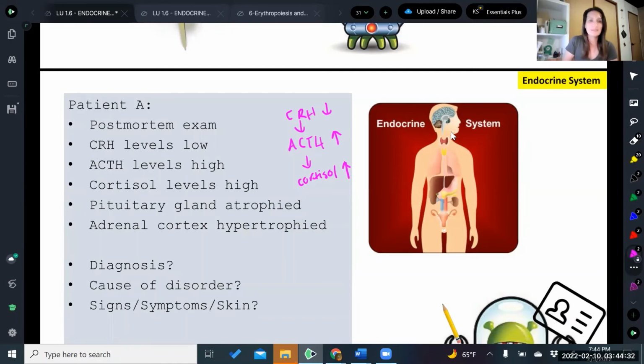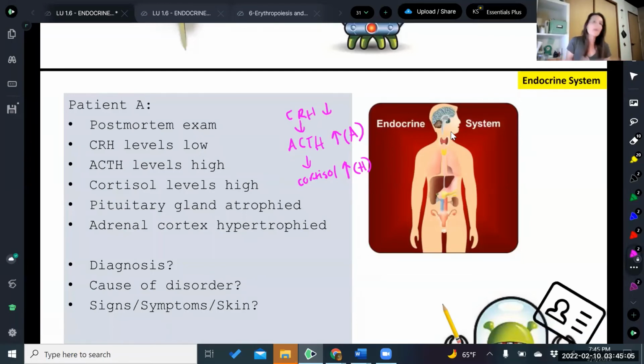And we see that the pituitary gland is atrophied. The adrenal cortex is hypertrophied. So we have an enlarged adrenal cortex, adrenal gland. Put an H here for hypertrophied. And our pituitary gland, however, has atrophied. All right.